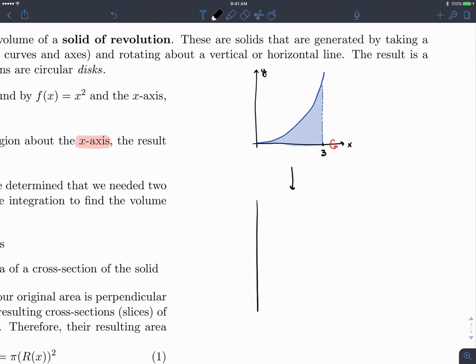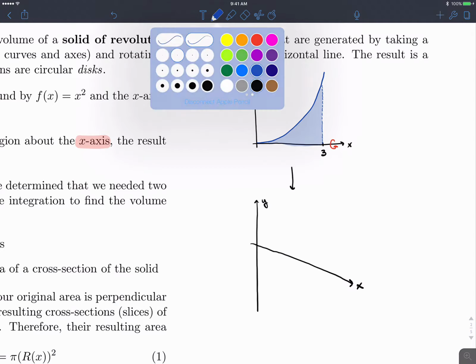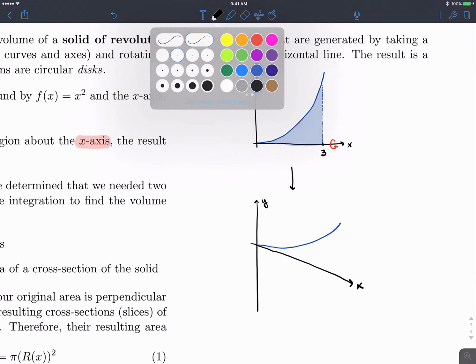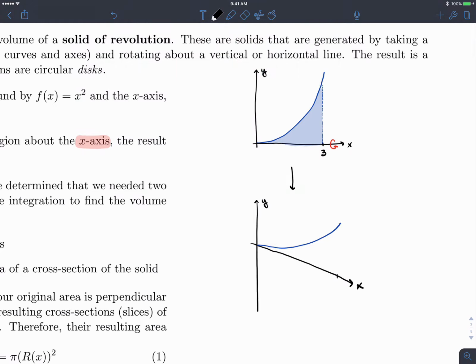So again, this is the y-axis. Here's our axis of rotation, the x-axis sort of coming out at us. We'll call that x, and this is y. And our boundary curve, so here's that parabola coming along the x-axis there. And this supposedly would stop here at 3.